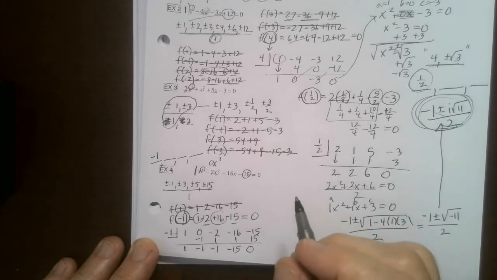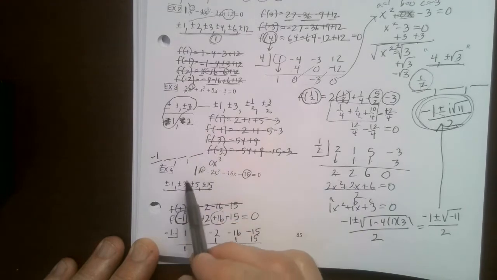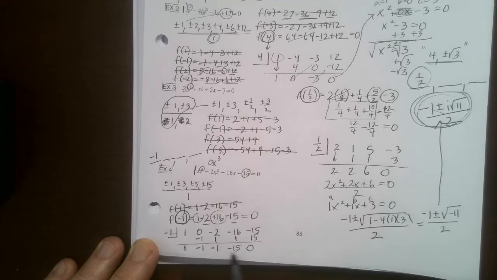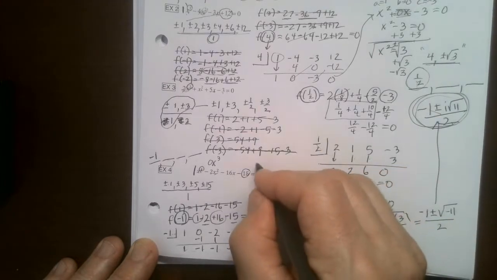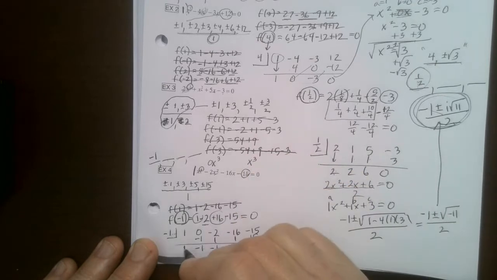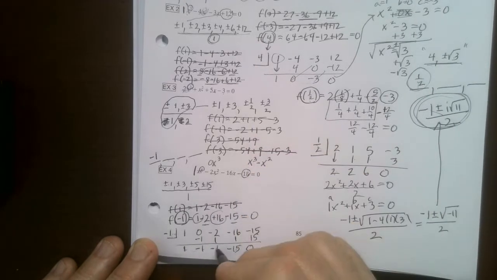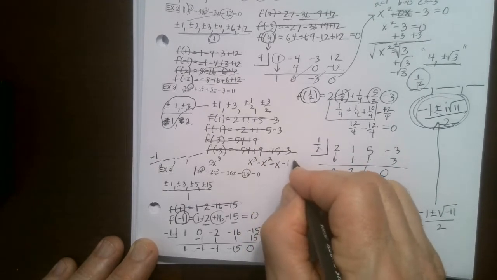Now listen to me very carefully. Remember, we need 3 more answers. And we haven't done one where there's a 4 here, so that's going to change things up. What does this spit out? Well, because it started as a highest power of 4, this is going to spit out 1x cubed minus 1x squared minus x minus 15.